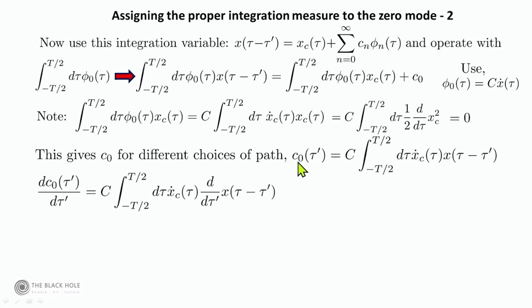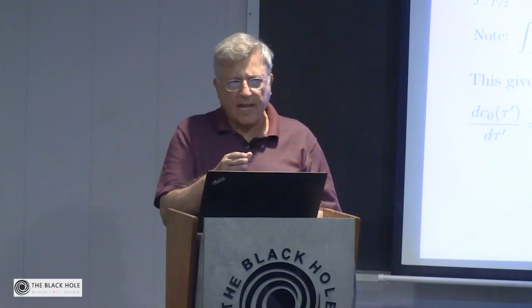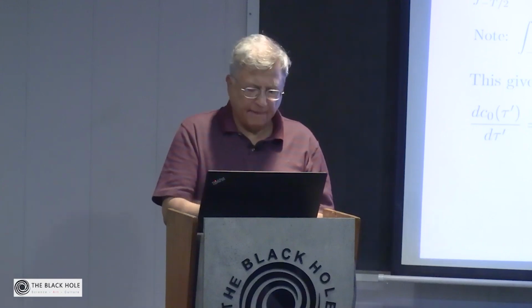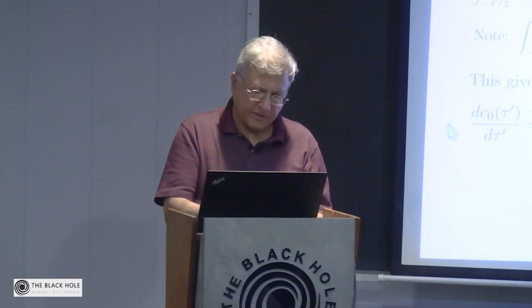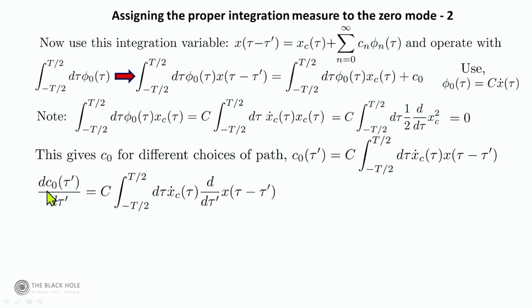Let me now differentiate this with respect to tau prime. In other words, see, I had chosen the path x of tau minus tau prime. And now I want to see what happens when I slightly shift tau prime. That means I take the derivative. Over here, there's only one thing that depends on tau prime, and that is this.